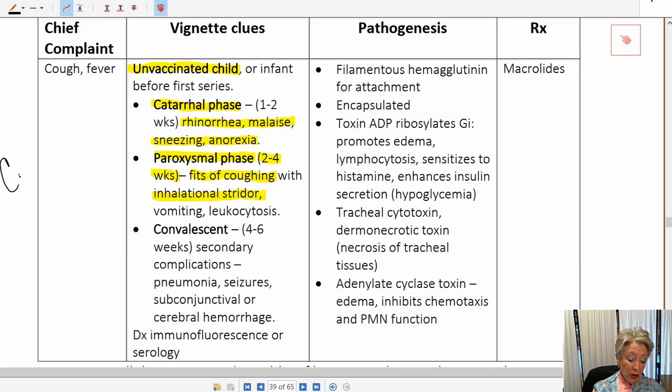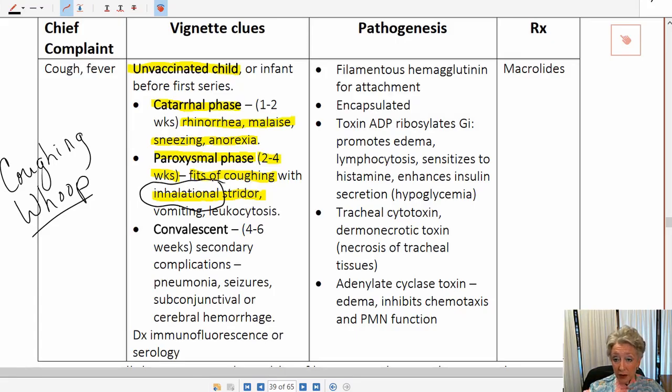I've thought it should be called coughing whoop, because the sound that is unusual truly comes on inspiration. So when the child inhales, that's when you hear that sort of strangulating sound, the stridor of them trying to get a breath. These fits can lead to vomiting. They're also associated with leukocytosis.